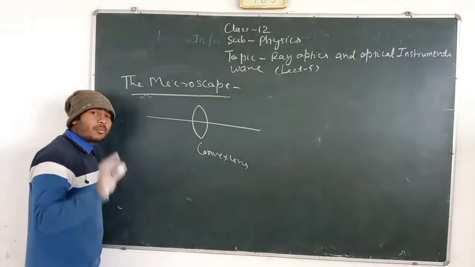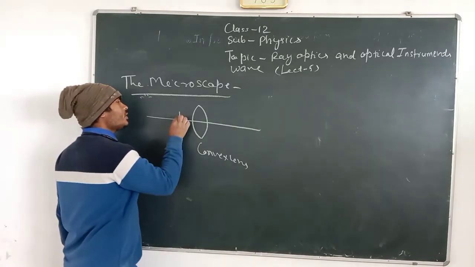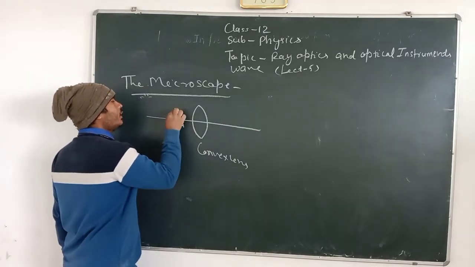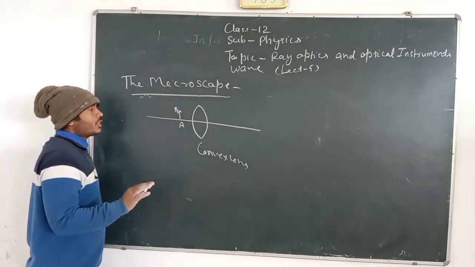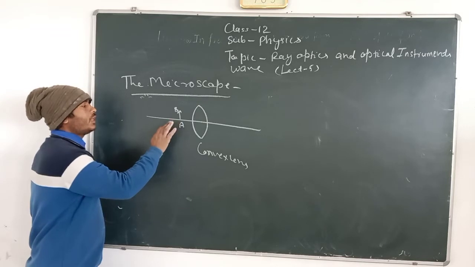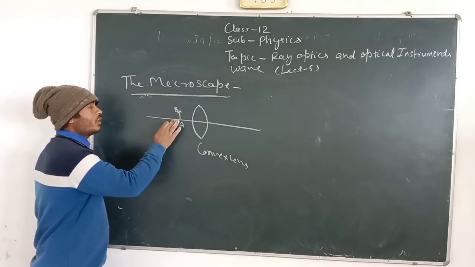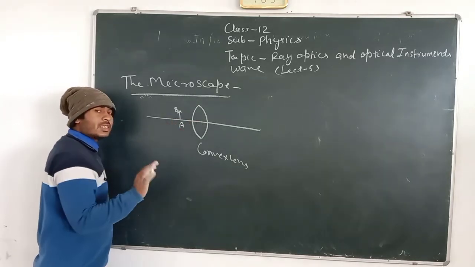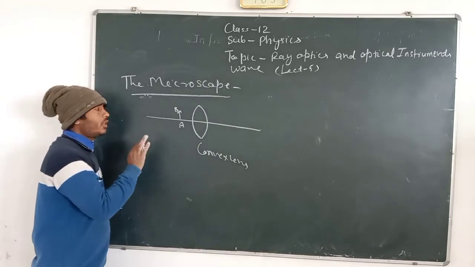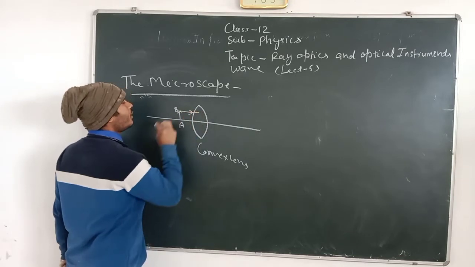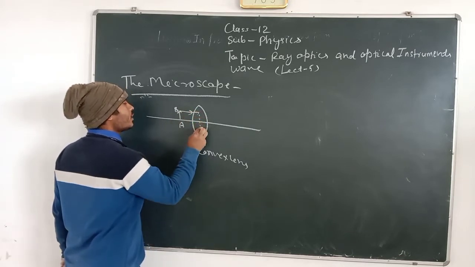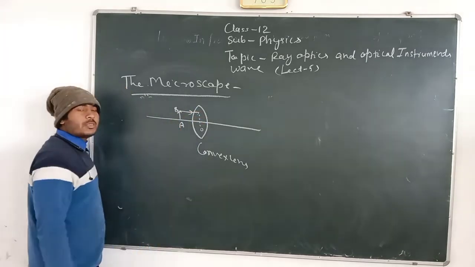Now let us suppose an object AB is kept in front of the convex lens at a distance less than the focal length, meaning the object is kept between the focal point and the optical center, or very near to the focal point. Now one ray is falling parallel to the principal axis.